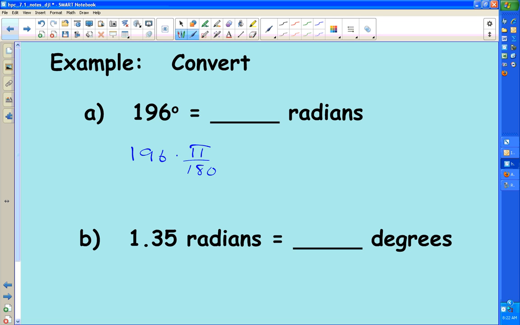So we're going to have 196 over 180 pi. And what do you need to do with that? Simplify, reduce it. 49 over 45. 49 45ths pi.